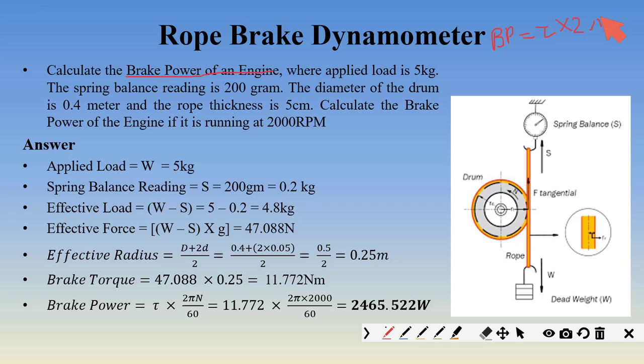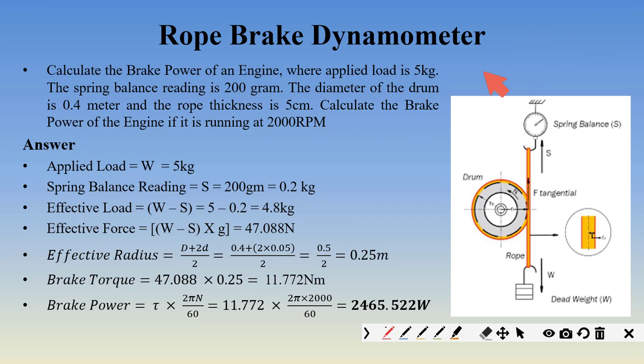Omega is 2 pi N upon 60. So what are the two things we need? We need the torque and we need the RPM. The RPM is directly given, 2000 RPM. So we need to find just the torque, which is known as the brake torque. We just have to find this torque and we can find the brake power.